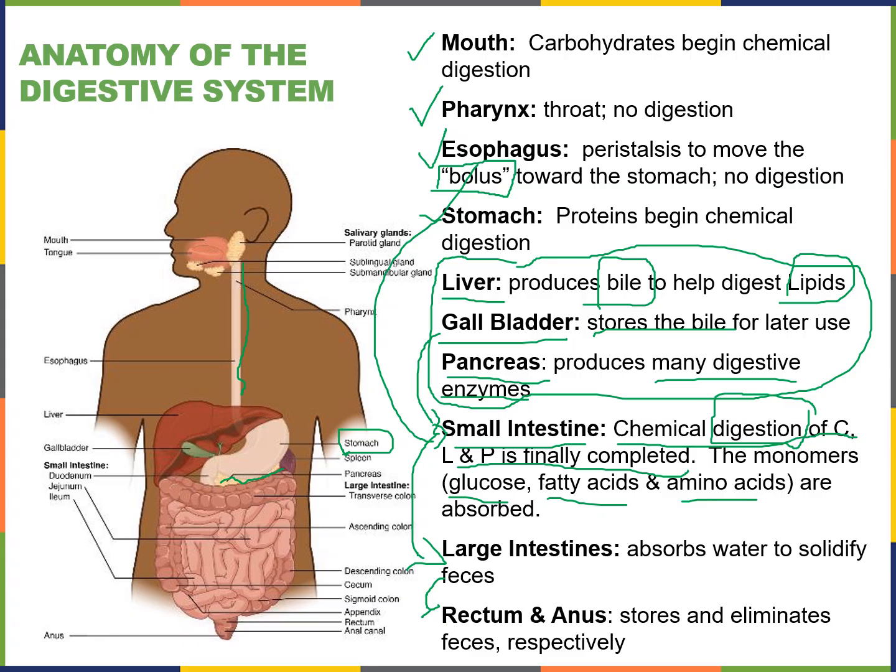So this diagram, you should be able to label it in your sleep. Make sure you know where the organs are located. Just want to point out that the small intestine is much, much longer than the large intestine. So it is usually coiled up, centrally located, usually, both in the body and on a diagram.